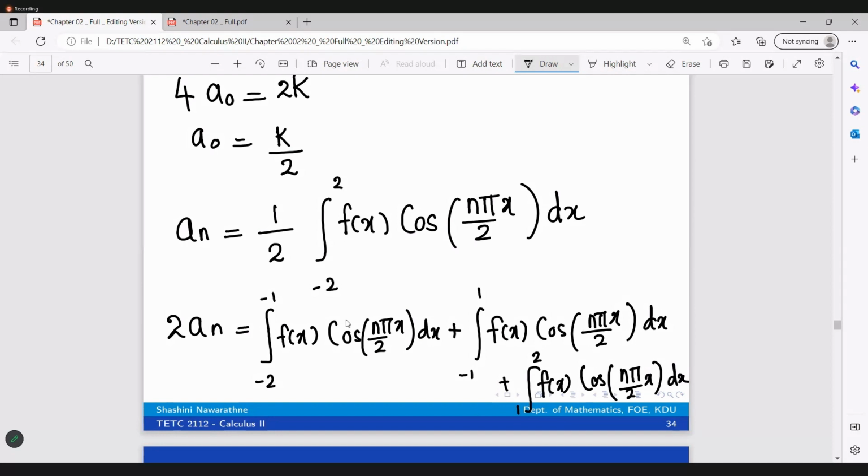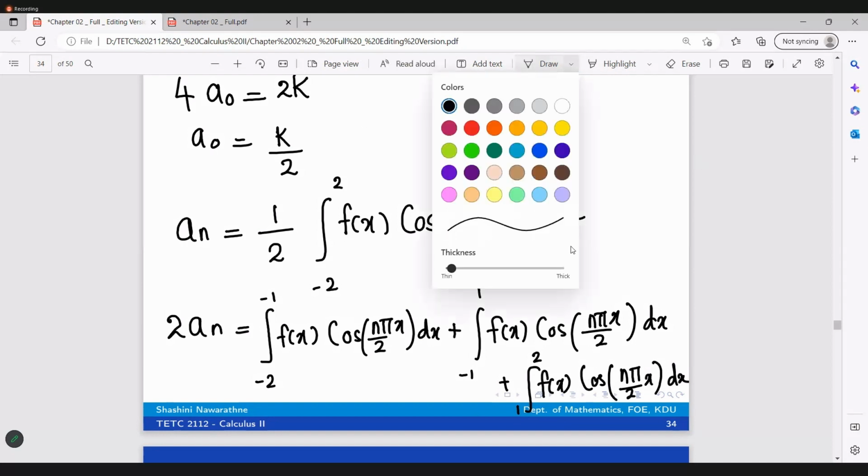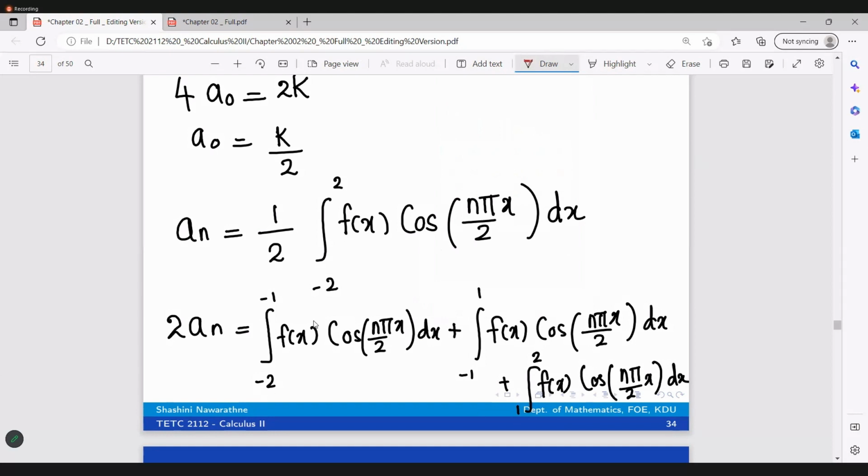And if we go back to the definition of the function, we can see that from minus 2 to minus 1, f of x is equal to 0. And from minus 1 to 1, f of x is equal to k. And again from 1 to 2, f of x is equal to 0. If we multiply 0 by something, the answer is always 0.